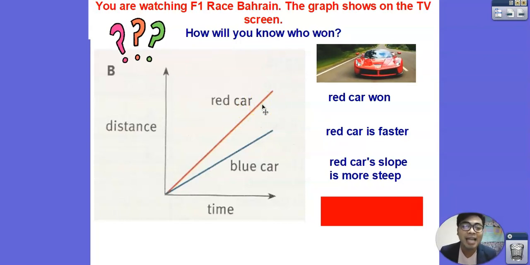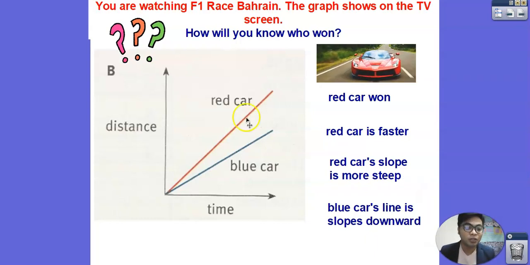If it's steeper, this shows that it travels a farther distance, because the distance here has a higher demarcation compared to that of the blue car over the same period of time. So more distance over that period of time shows that it can travel a longer distance over a given period of time. That shows that the red car is faster compared to the blue car.